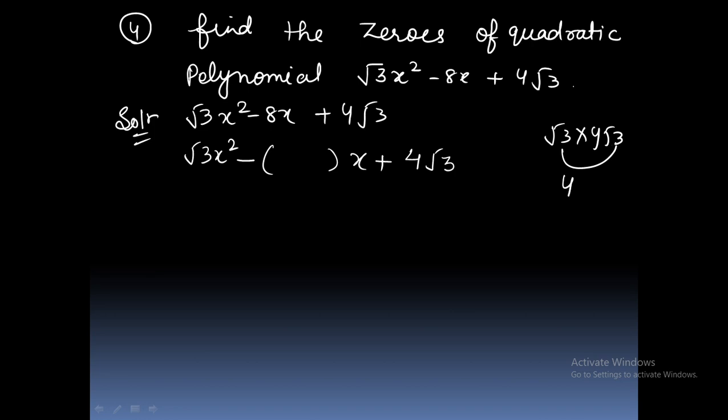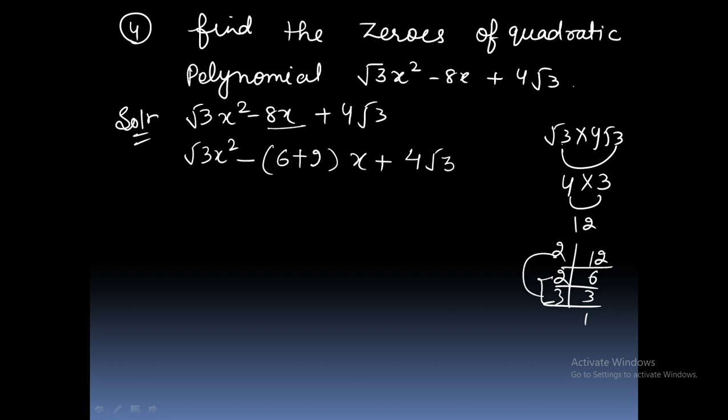This multiplied with this, we will get 3, since root 3 multiplied by root 3 is 3. 4 times 3 is 12, and make the factors. 2 6 is 12, 2 3 is 6, 3 3 1 is 3. We have to take those factors which after adding we will get 8 and after multiplying 12. Now 6 and 2, 6 plus 2 is 8, so we will take these as factors.